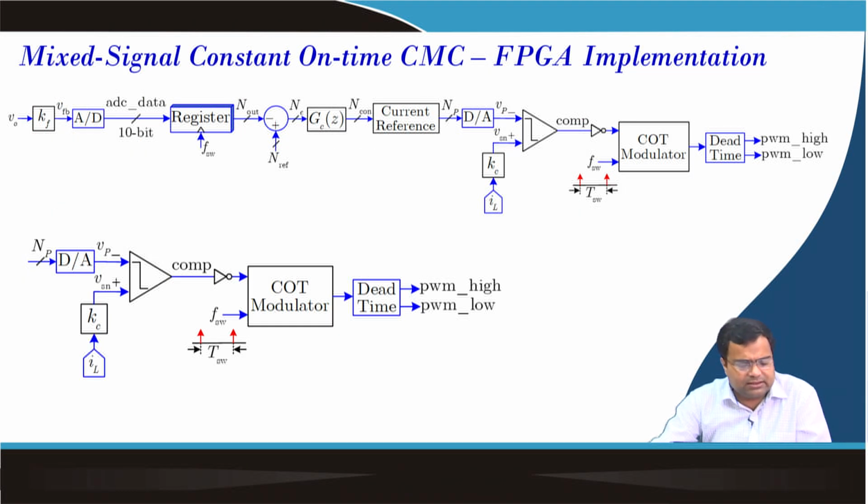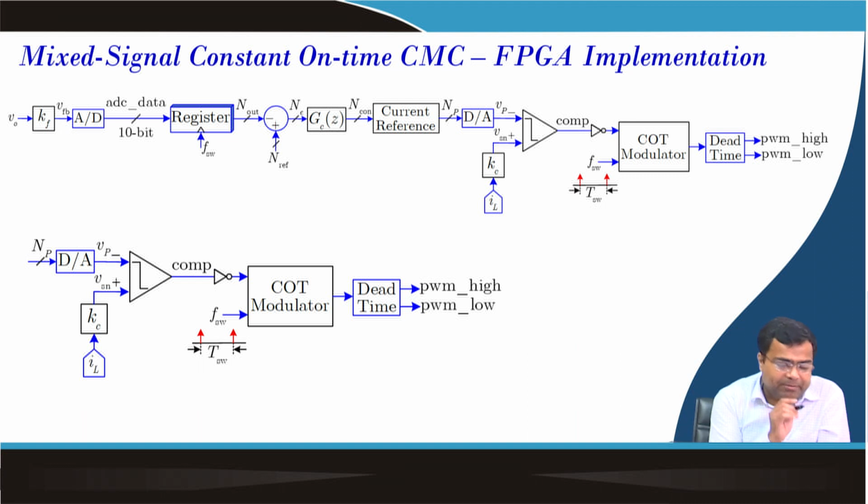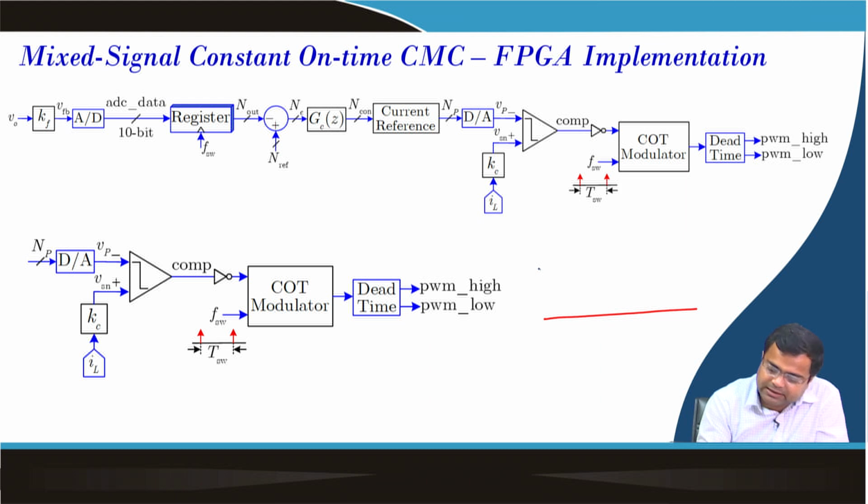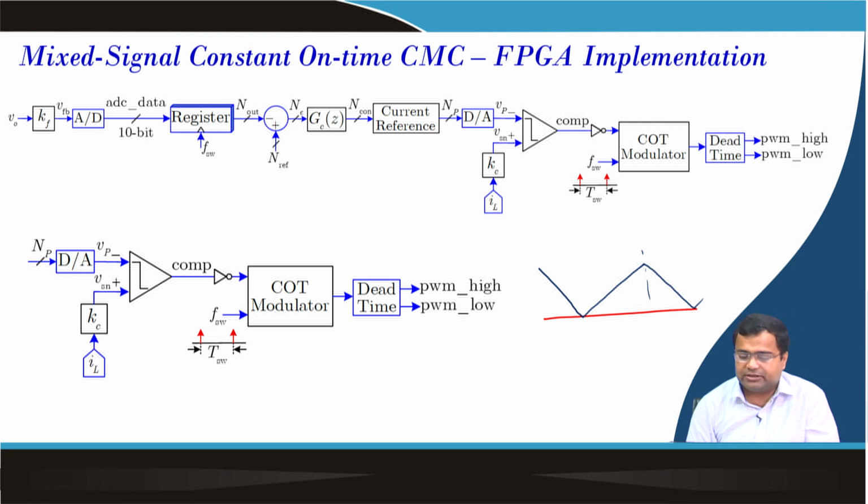So, if you consider the constant on time control, how does it work? Suppose we have this current reference and this is our inductor current. When it hits the current reference, then the on time is started. Once the on time has elapsed, then it starts falling, and this is the methodology.